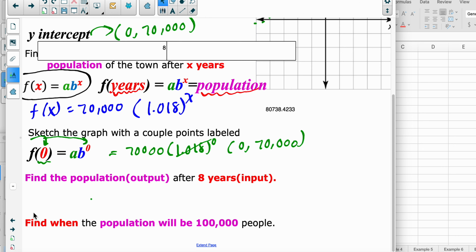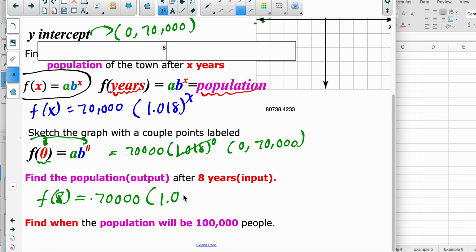So when x equals 8, really what I'm doing in Excel is f of 8 is equal to 70,000 times 1.018 raised to the 8th power, and that's equal to 80,738 people. That's my population.